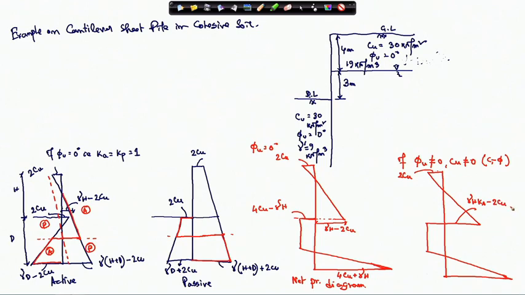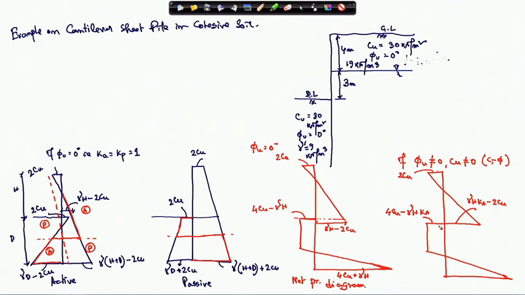Depending upon the position of the water table, it can be gamma dash also. Okay, minus 2 Cu, and this one again will be 4 Cu minus gamma h Ka. Okay. Again the Kp part, this is the starting point.